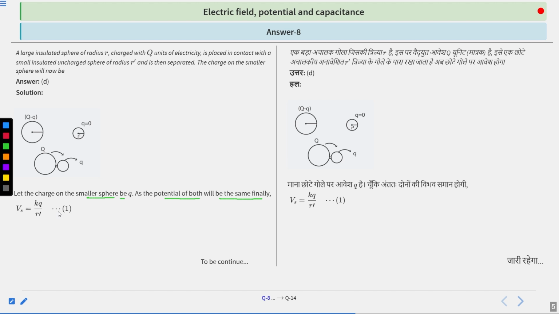The potential on the large insulated sphere is k times q minus q prime divided by r, and this is equation second.